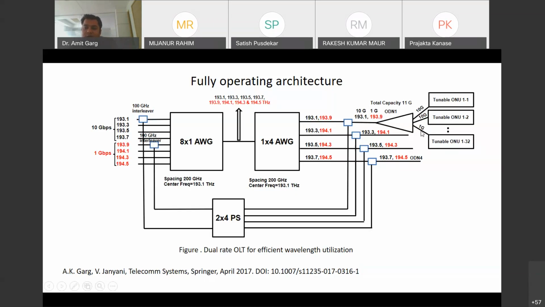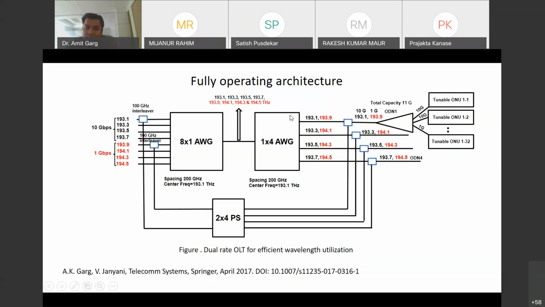Okay, so this 1G can be utilized by some particular user, or we can say if you want to extend the network, and initially we are having this 1 cross 32 splitter, and suppose in future there is an extension of the network, then we can replace this by 1 cross 64. So we can provide the services by 1 Gbps as well as by 10 Gbps transmitter.